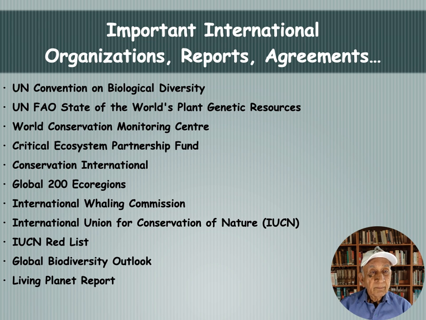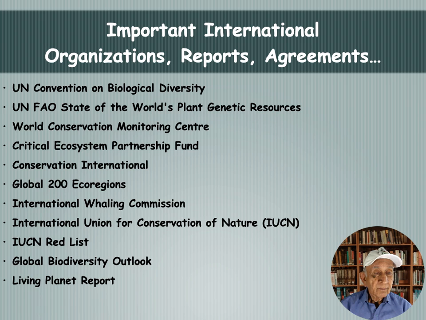Well, there are a number of international organizations, agreements, and reports, beginning with the UN Convention on Biological Diversity. There's the UN FAO State of the World's Plant Genetic Resources. There's the World Conservation Monitoring Centre, the Critical Ecosystem Partnership Fund. There is the NGO Conservation International.